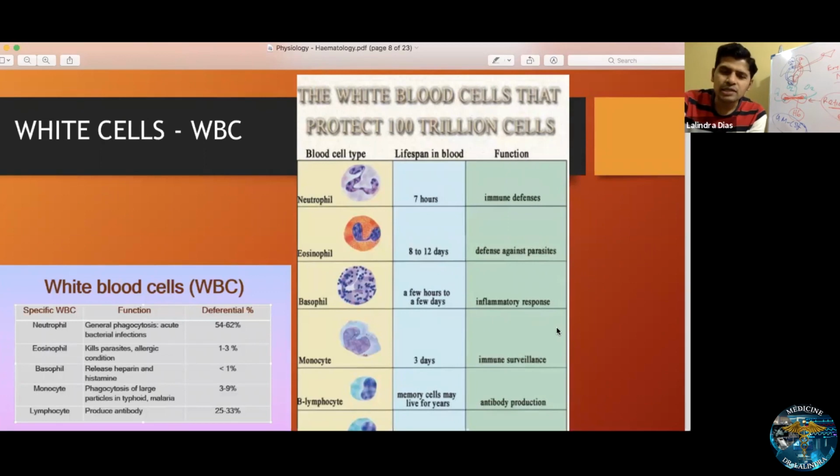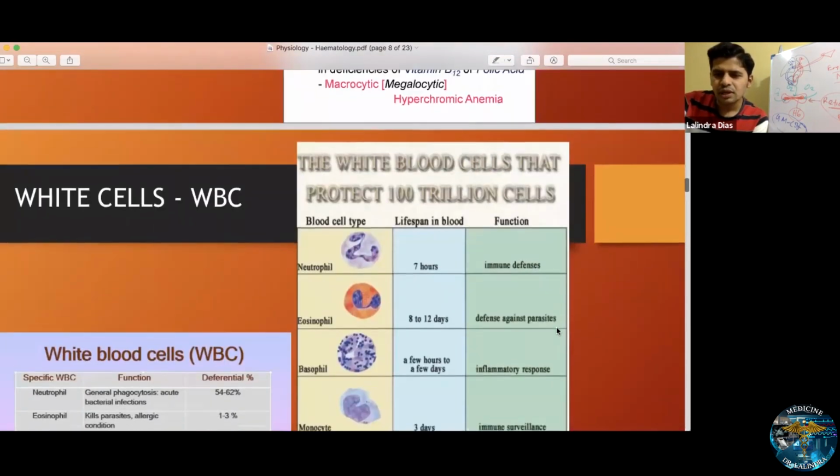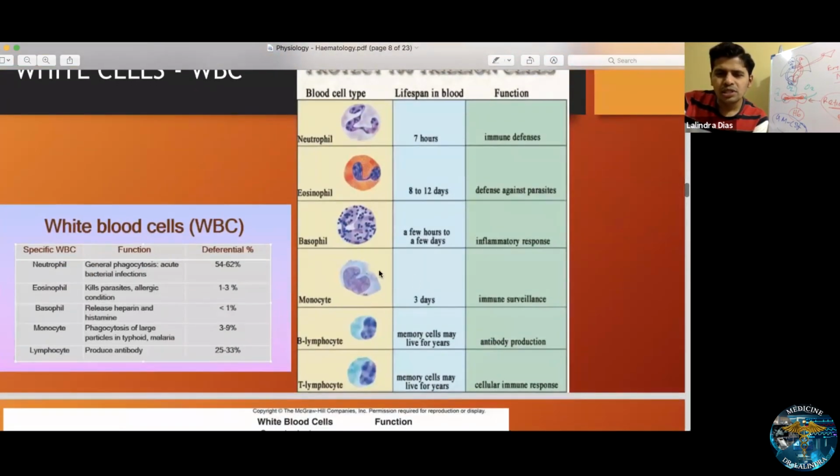So again, monocytes have the role of immune surveillance.